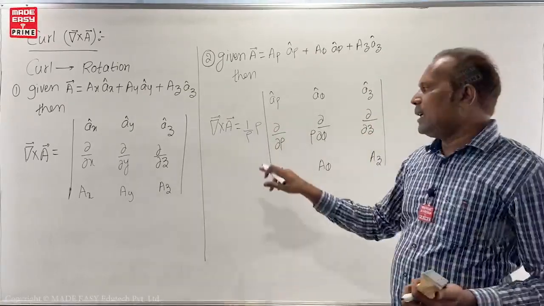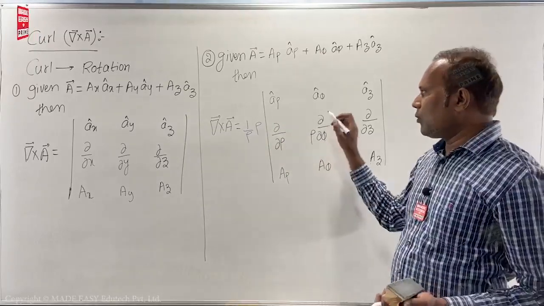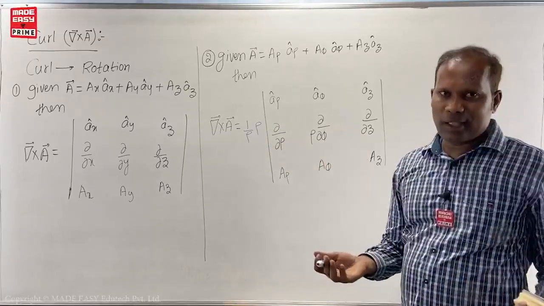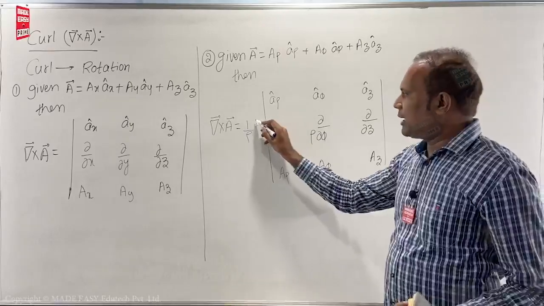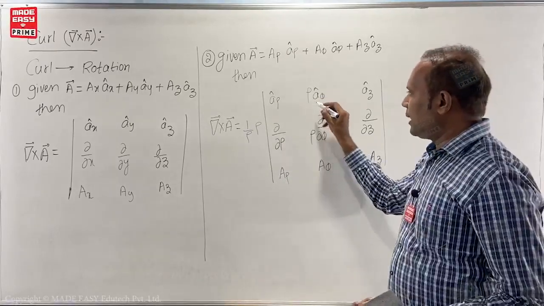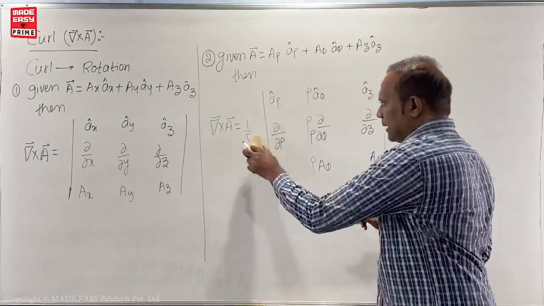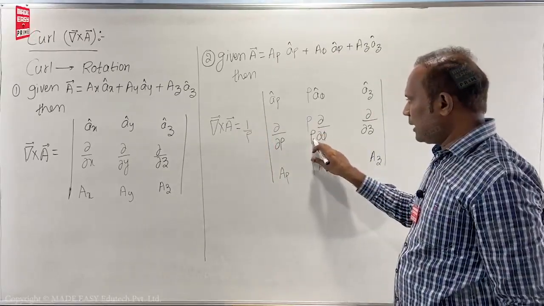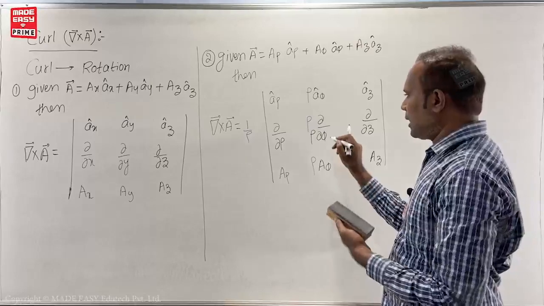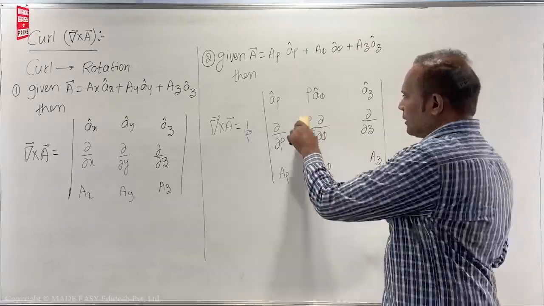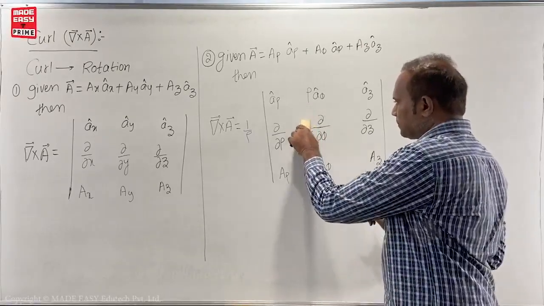Then if you send anything into the determinant, one of the rows or one of the columns is multiplied with that. If I send this inside, into this row, into this column, then it is not there here. Then this rho in the denominator cancels, so that you get this one.